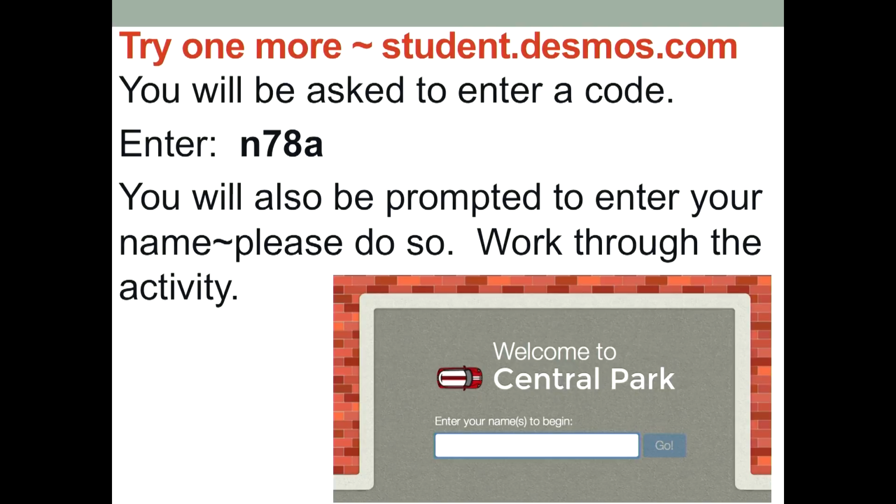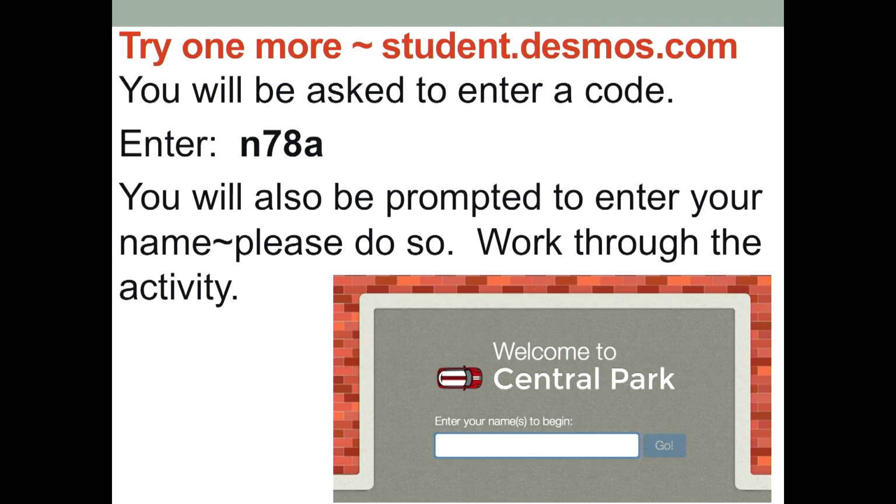This one is going to be Central Park. We know in mathematics we need to move from the concrete to the representational to the abstract. In this one, you are a parking garage, and it's going to move you from the visuals to the mathematical equations. Is it opening up for you yet, or is it on hold?